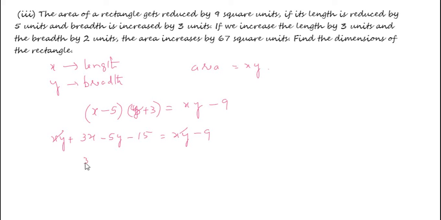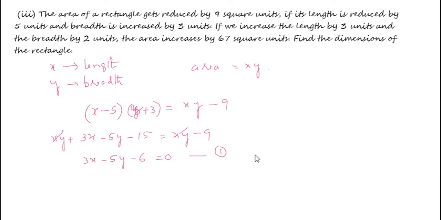So 3x minus 5y minus 15. When you bring 9 here, it becomes plus 9. It becomes minus 6, that is equal to 0. This is equation 1.